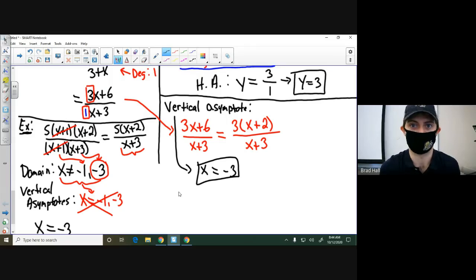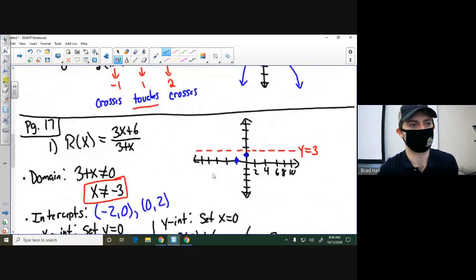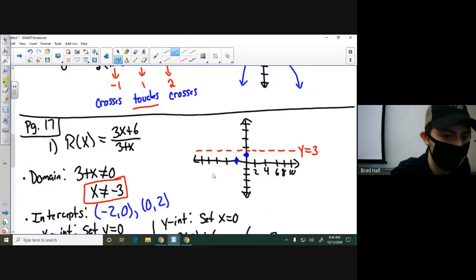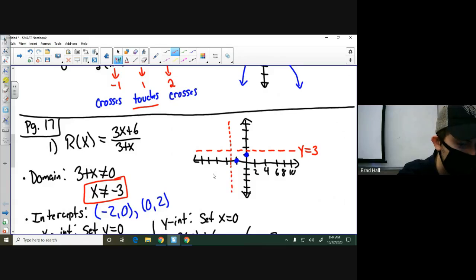Instead of not equal, it's now equal, because asymptotes want to know the restrictions. This is a vertical asymptote, which is up and down. And so that tells us that we would have a dotted line here at x is equal to -3.